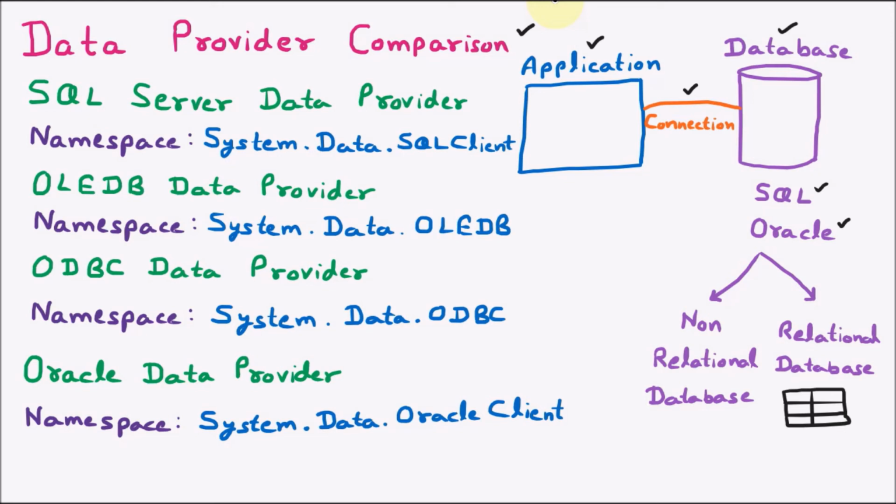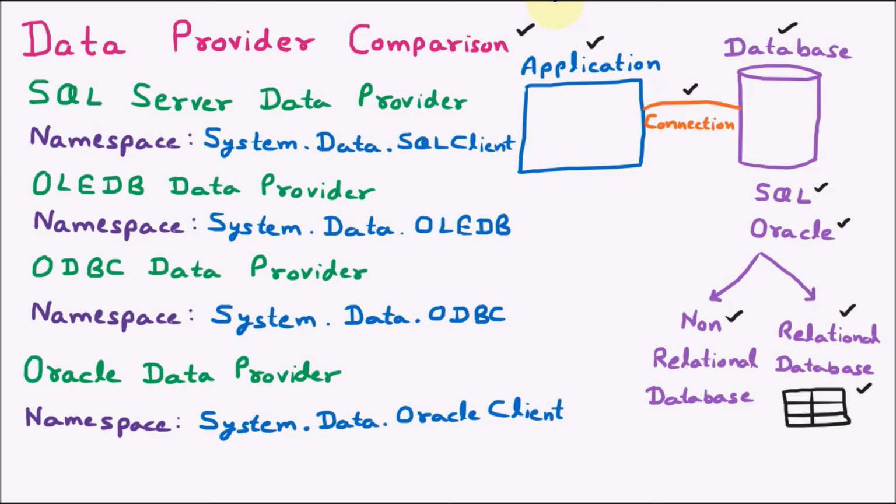There are two ways in which we can store the data. The first one is the relational databases, where we are having tables, with columns and rows. And the other category is the non-relational, where we don't have rows or columns, and some other method is used to store the data.